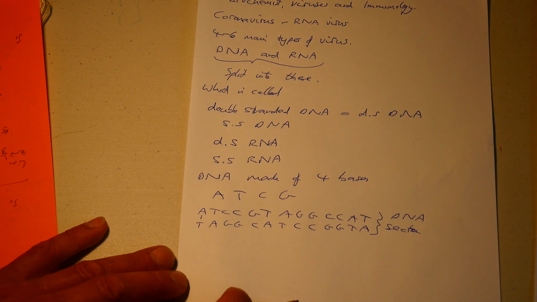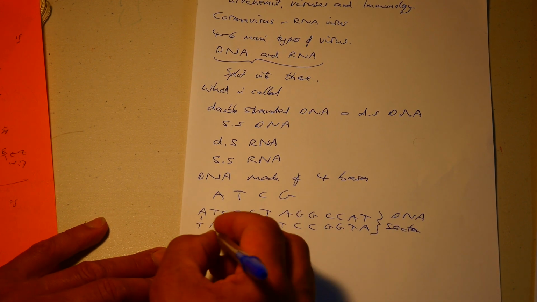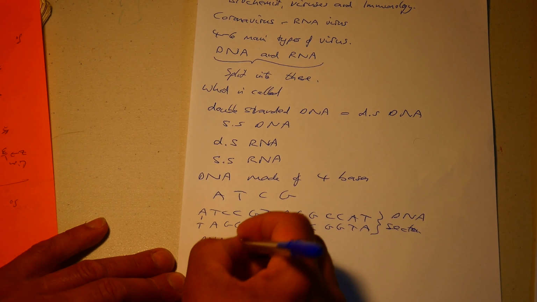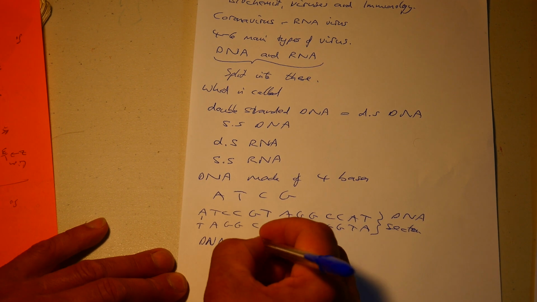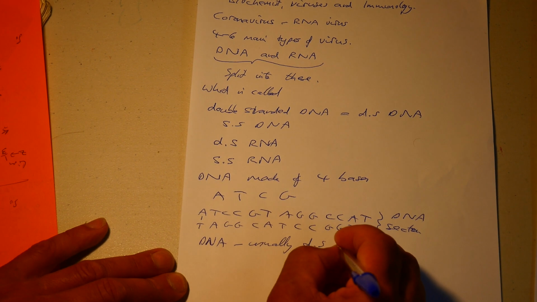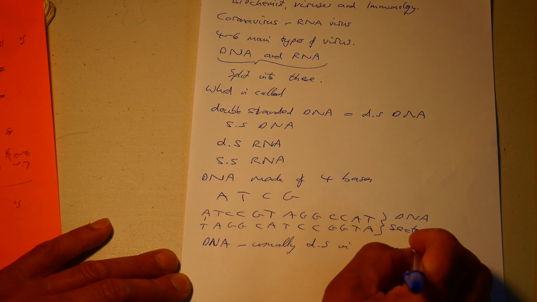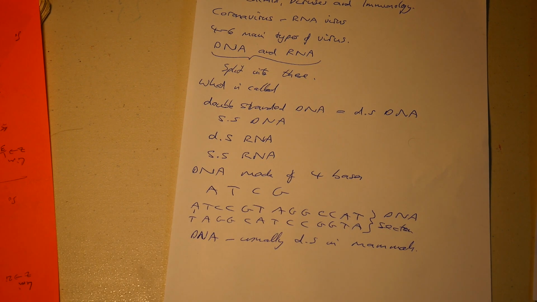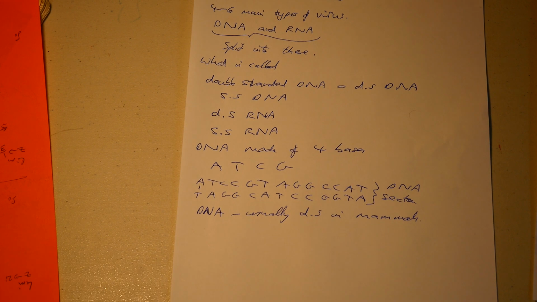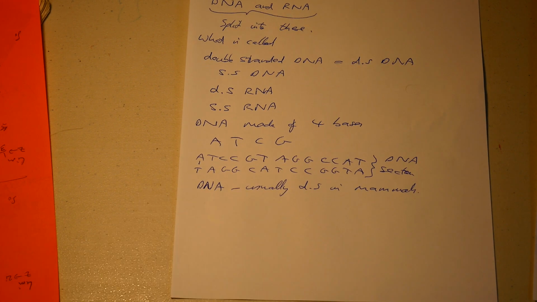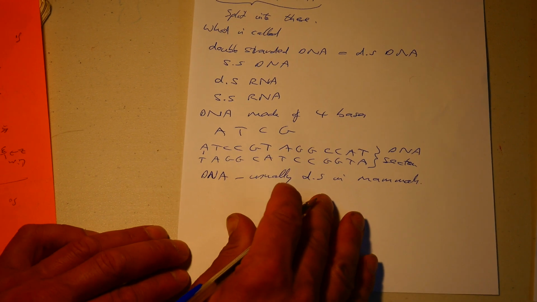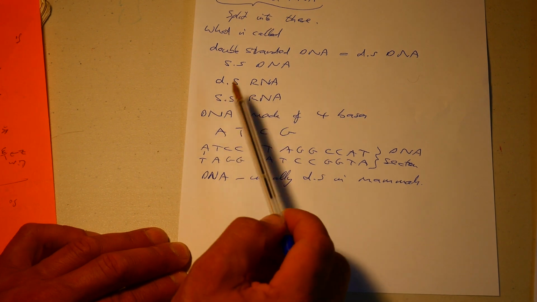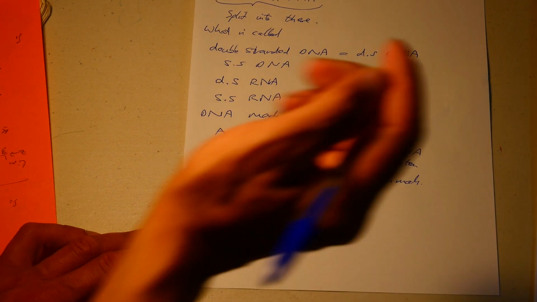DNA is usually double-stranded in mammals. So you got 4 main types: double-stranded DNA, single-stranded DNA, double-stranded RNA, single-stranded RNA viruses.